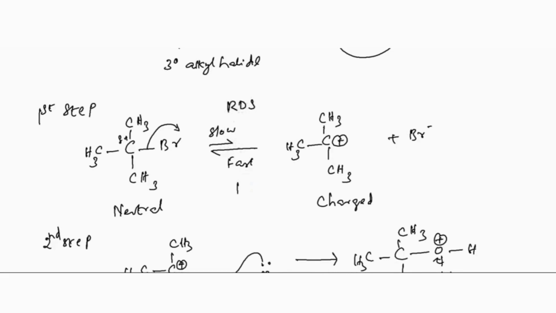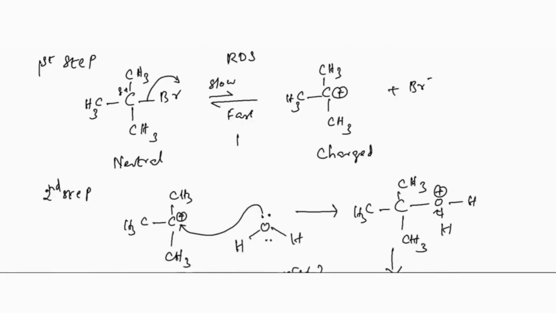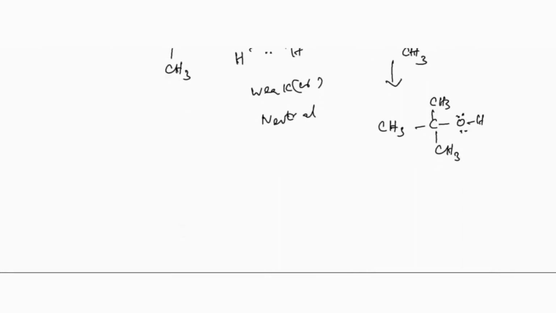In the rate determining step, the carbocation is formed. If the carbocation has not been formed, the nucleophile won't attack it. That means the rate of reaction depends on only one reactant, that is the alkyl halide.